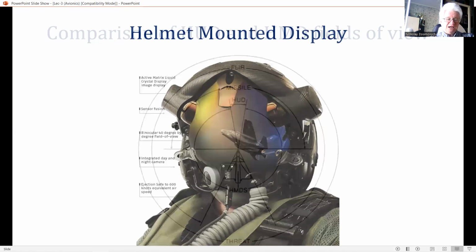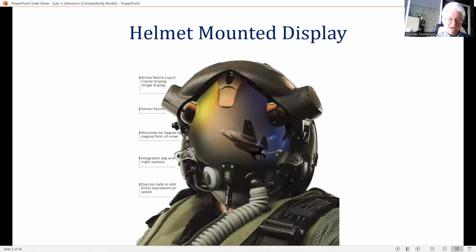In its simplest form, the HMD can comprise a simple helmet-mounted sighting system, which displays a collimated aiming cross or circle and some simple alphanumeric information with a typical FOV around 5 degrees.